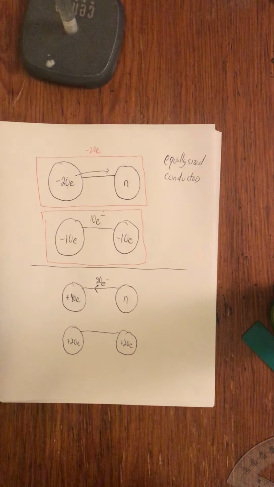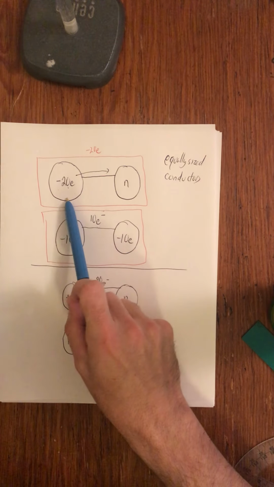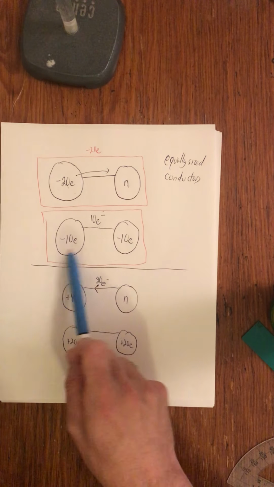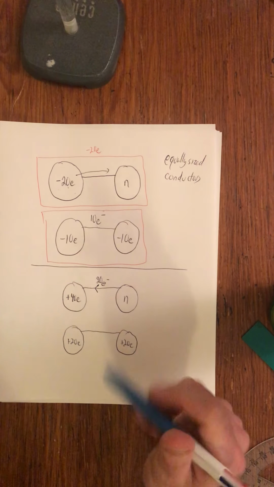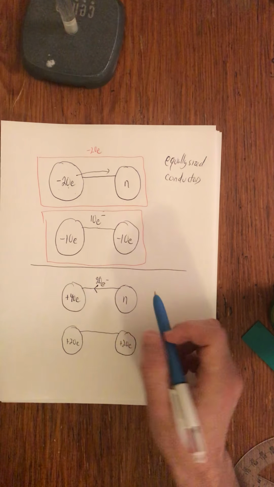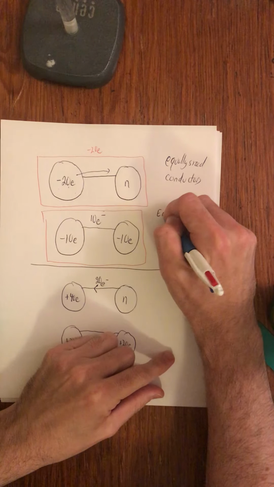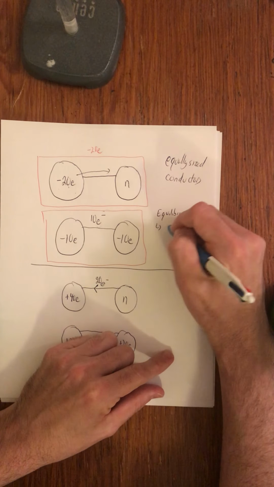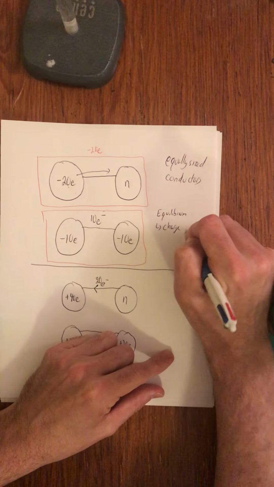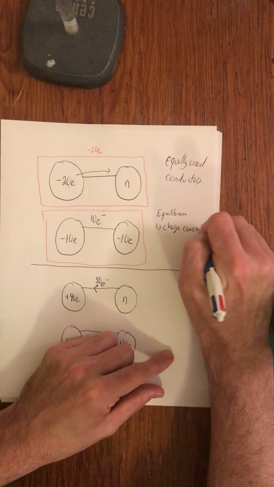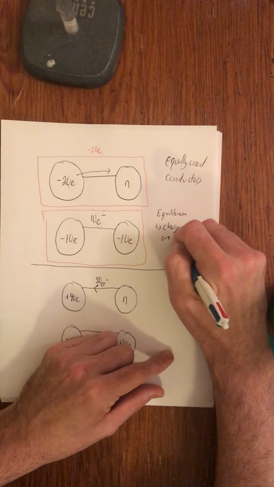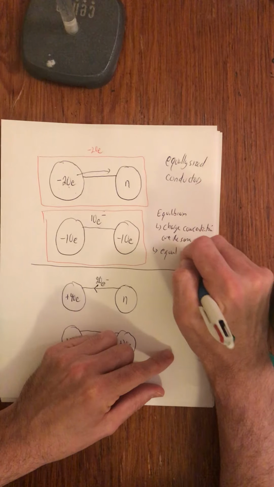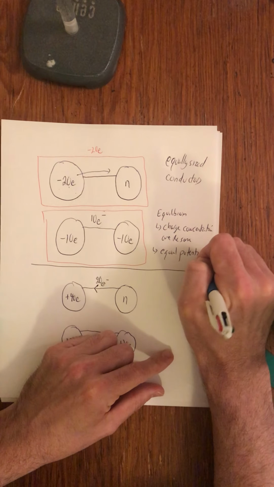So, here, notice that charge is going to flow from this object to this object. But eventually, that flow of charge will stop once they've reached an equilibrium. They're at an equilibrium when the charge concentrations are the same. Another way to say that is they are at an equal potential, right?